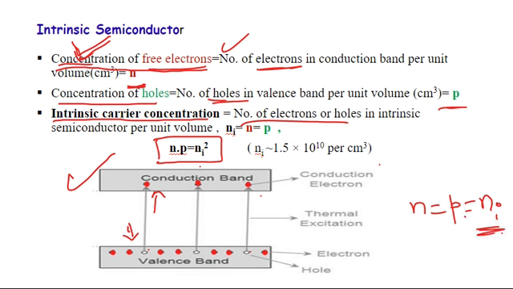When we multiply N and P, we get Ni square. With the help of semiconductor physics, Ni can be calculated as 1.5 into 10 to the power 10 per centimeter cube. This is a very important relation which will also be used in the case of extrinsic semiconductors.